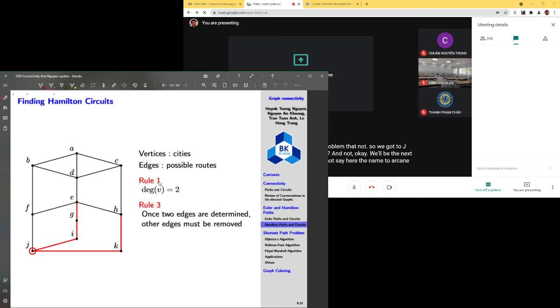So that means the vertex K is already employed, but the vertex H here has degree 3, so you have to choose either go up to C or go to the left. But if you go to the left, then you finish the route, not good. Therefore, I want to go up, to extend higher, and at the same time here the J you employ GI, so you delete the GF here.